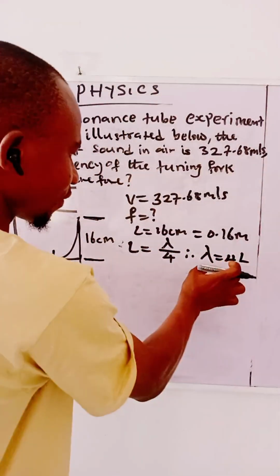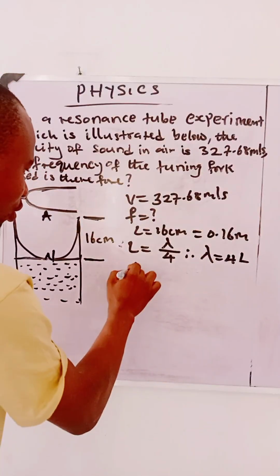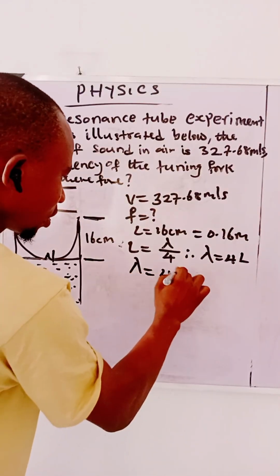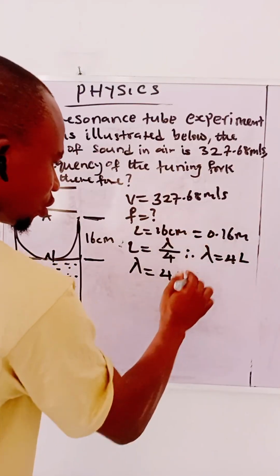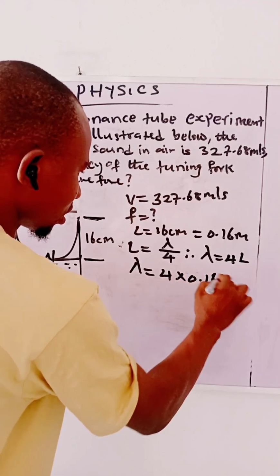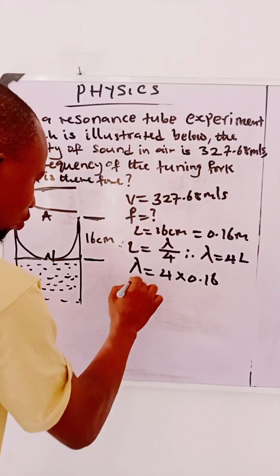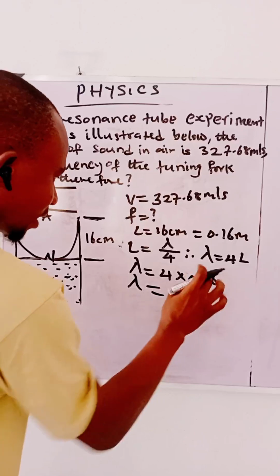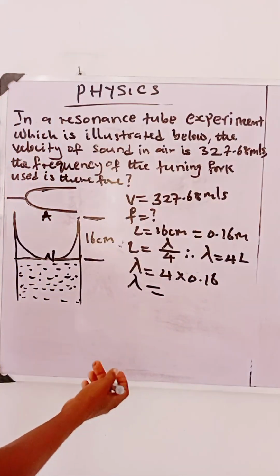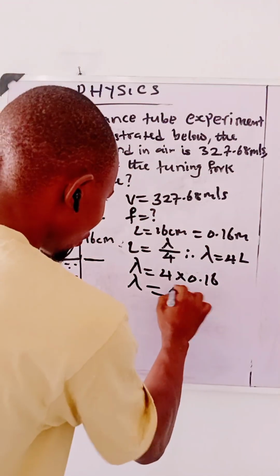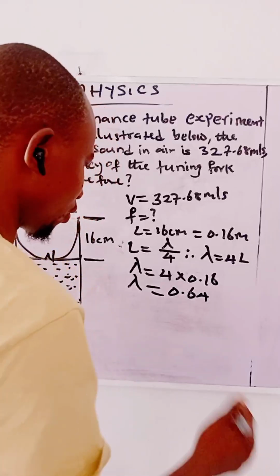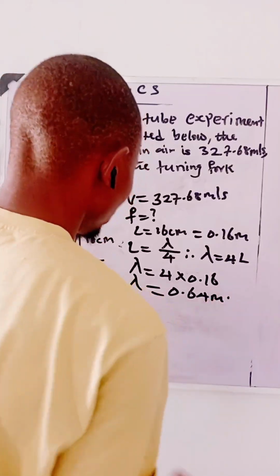So wavelength is equal to 4 times 0.16, which gives 0.64 meters.